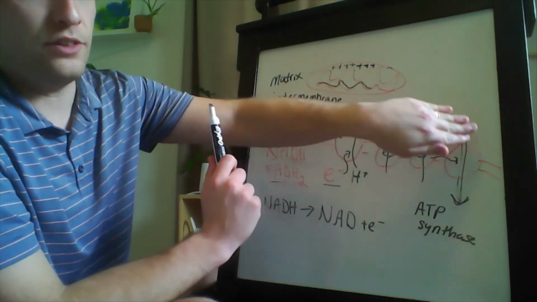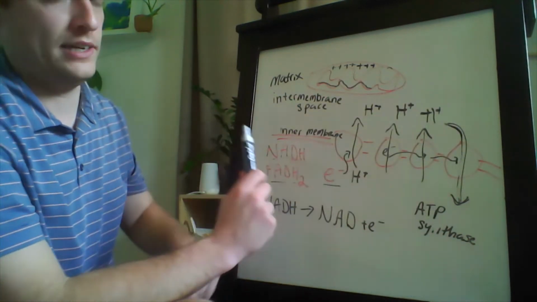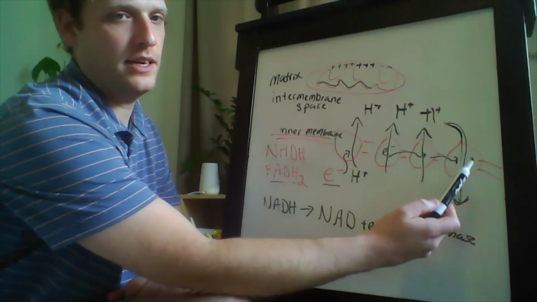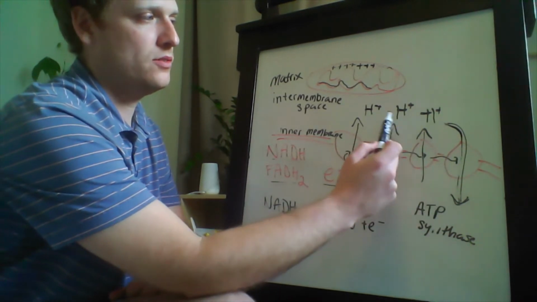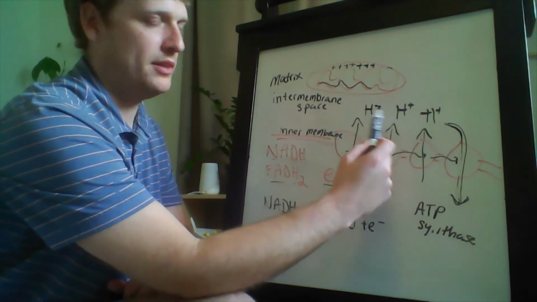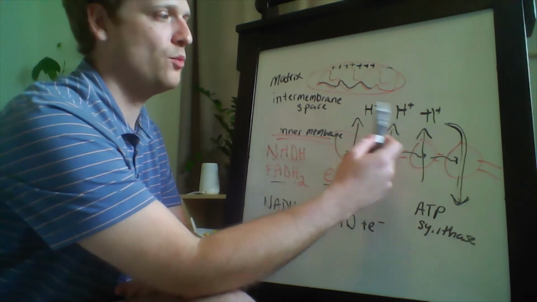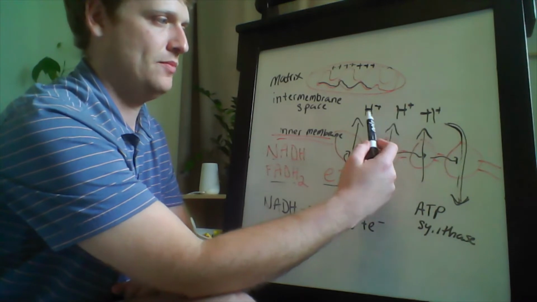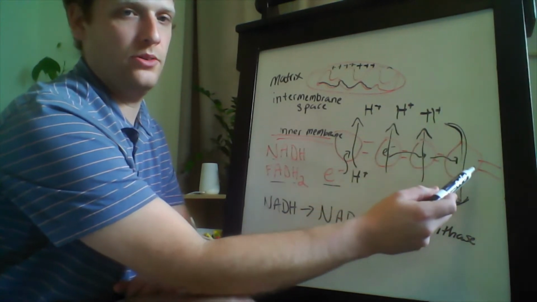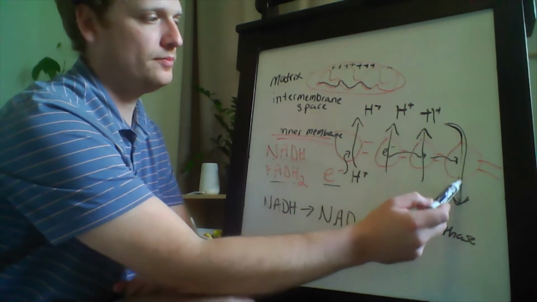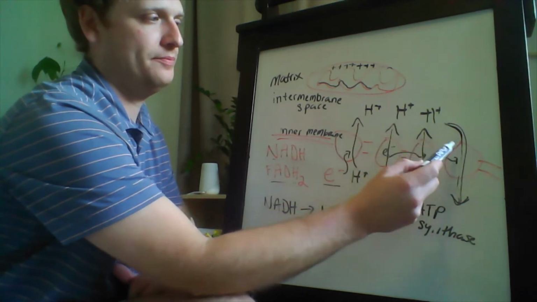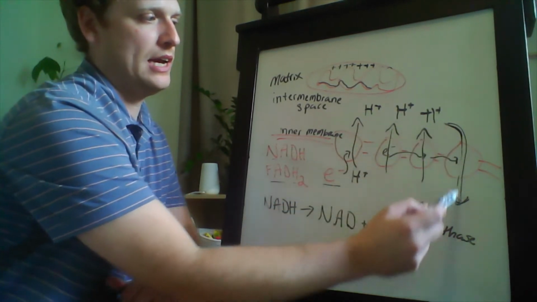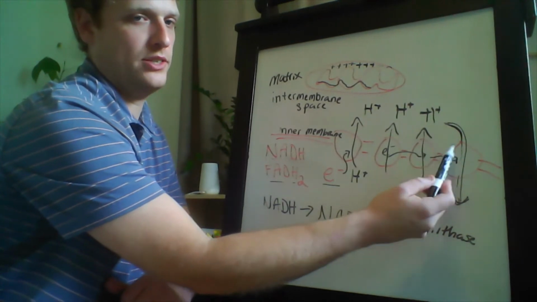And as water flows through, that turbine is going to spin and generate electricity. So these hydrogen ions that have built up on this side of the membrane are like the water on one side of a dam. And they're going through this turbine, and as they do, the energy from the movement of those ions is going to turn this turbine.